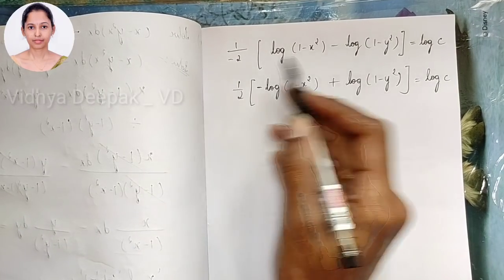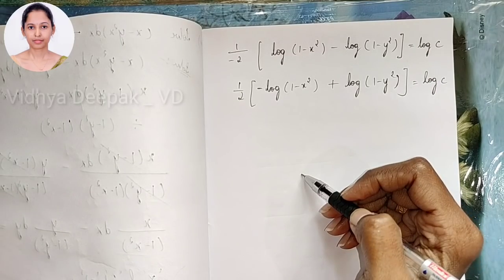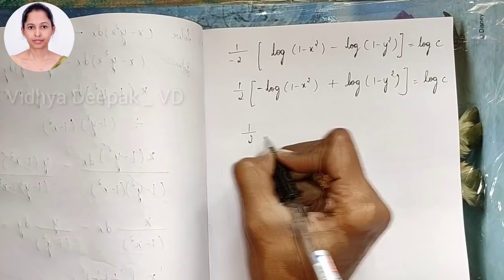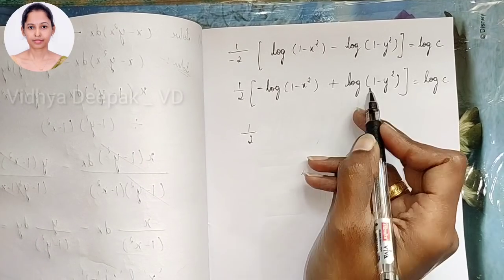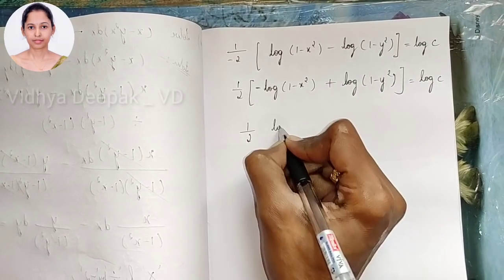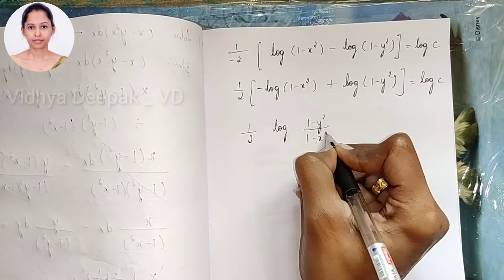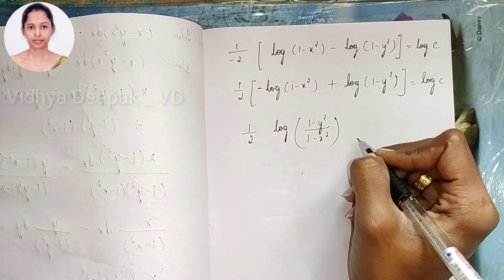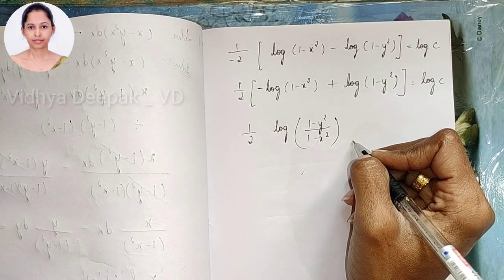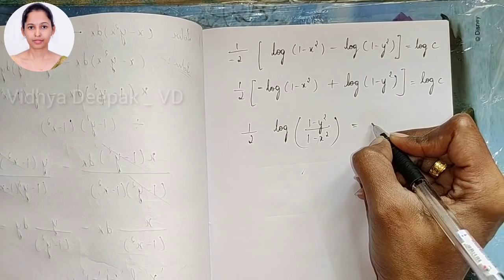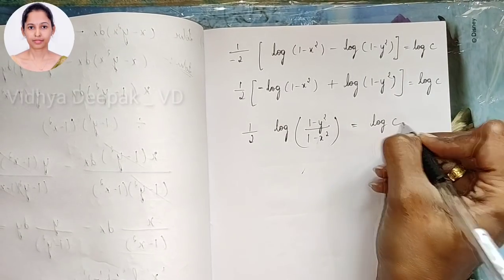Okay, so now 1/2 into, this is of the form log m minus log n, so log of m by n is equal to log c.